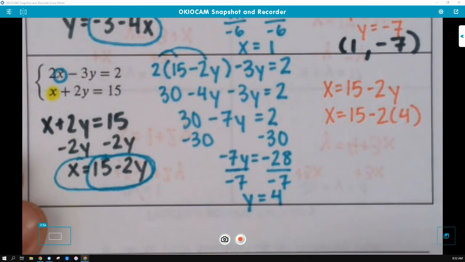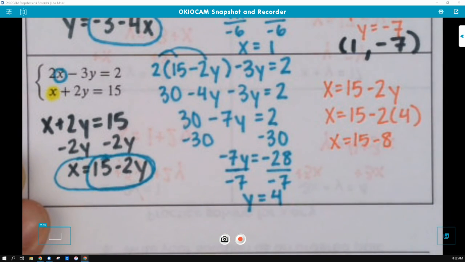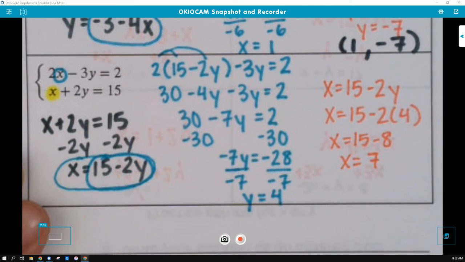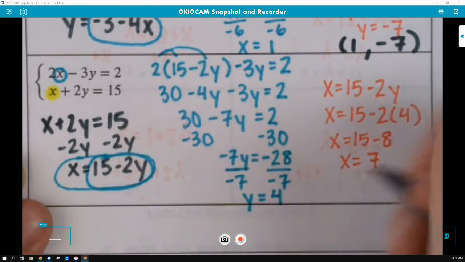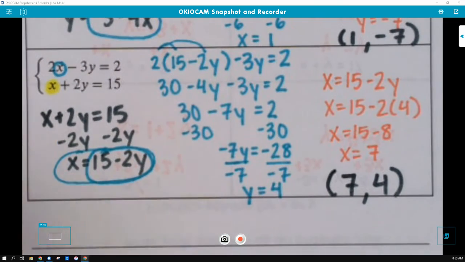Two times 4 is 8. So now we have x equals 15 minus 8. And then 15 minus 8 is 7. So we get x equals 7. Couple last things. We have to write our answer as an ordered pair of 7, 4. X always goes first.